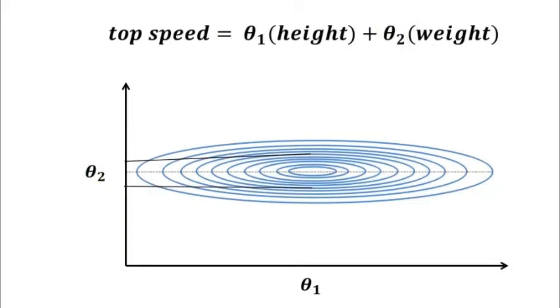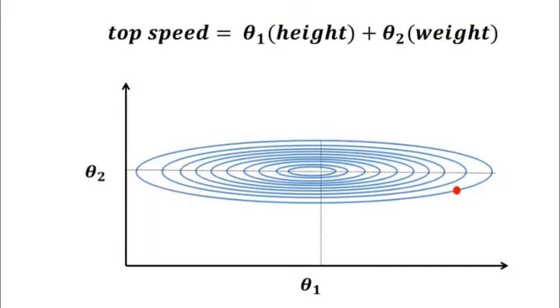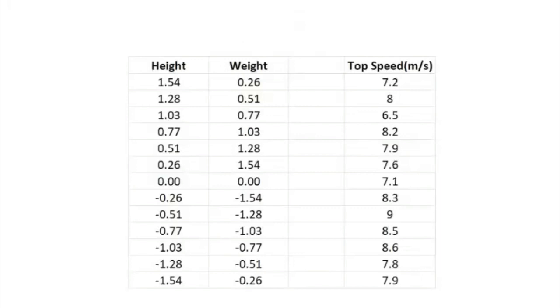While height is in the range of 1.5 to 1.8 meters, weight is in the 70s and 80s. If we start implementing gradient descent on this problem, we shall see it inefficiently oscillates around the minimum, particularly when it is closer to it. This makes gradient descent inefficient and slow.